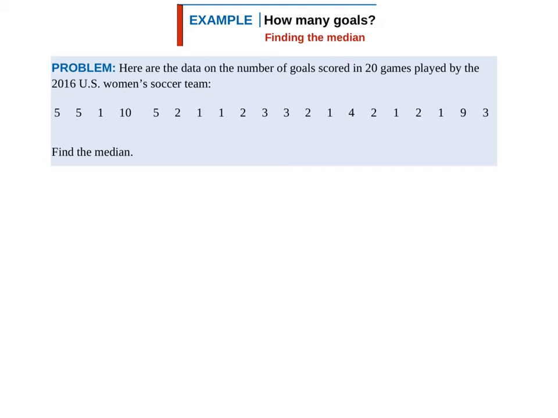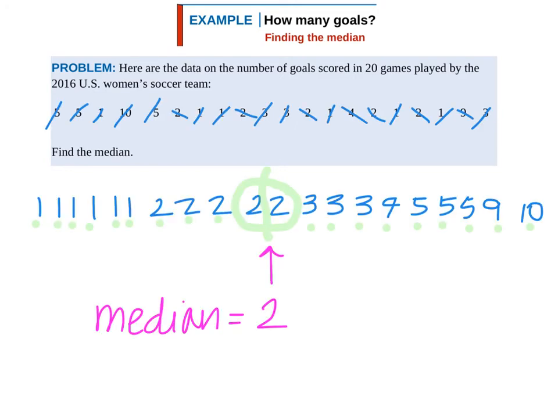So let's try an example. Let's use the 2016 20 games played by the US women's soccer team, the goals scored. Let's find the median. The first thing is that we have to order these in increasing or decreasing order, it doesn't matter, but we have to find that middle number. So order is important. First, I've ordered my numbers from 1 to 10, and I cross them off as I go, so I make sure that I get all of them.